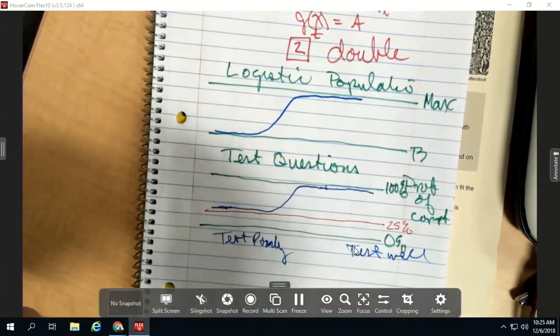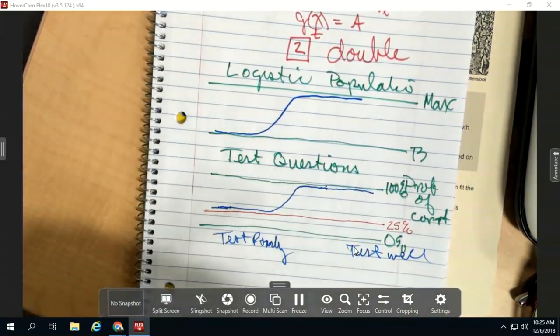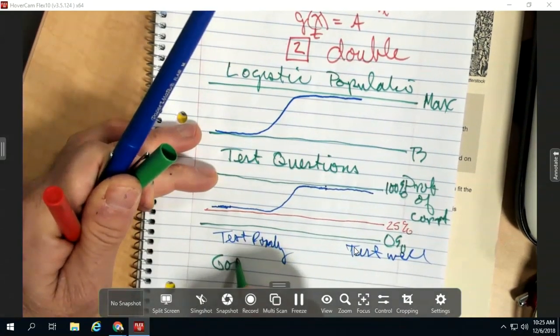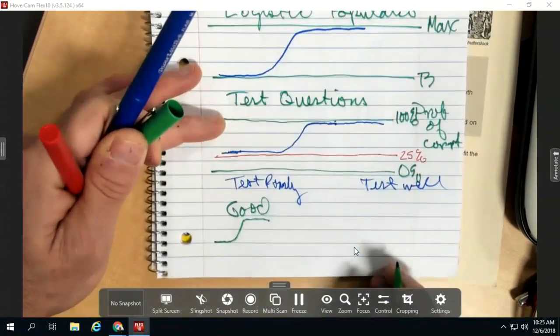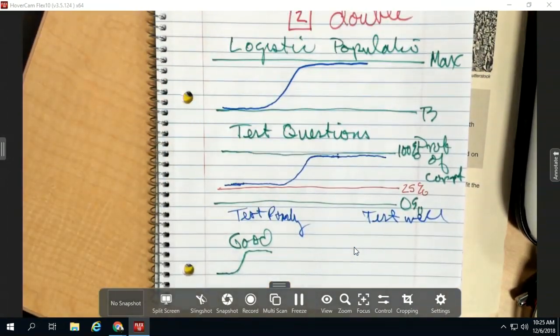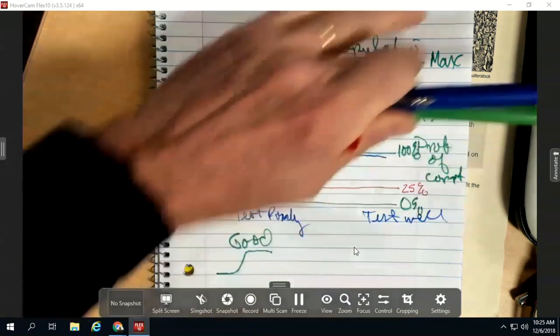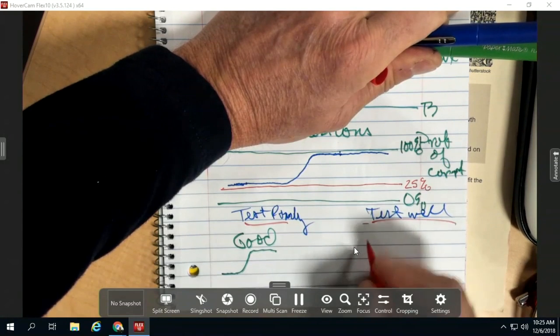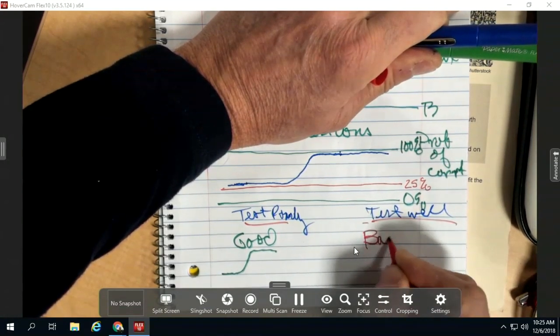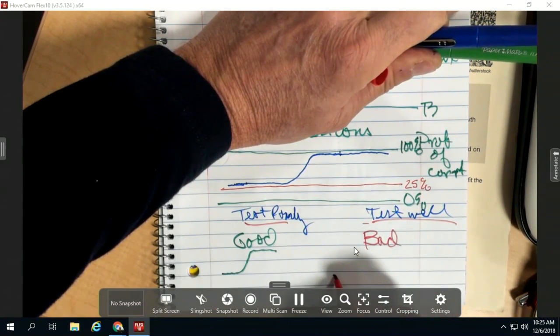A good test question will have a change like this. In other words, you can tell that a person is going to get the question right based on whether they're a good student or a bad student. Here is a bad test question.